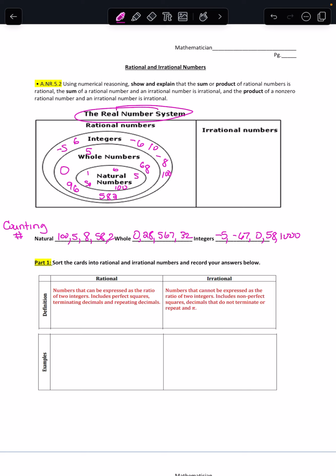And then our rational numbers are any number that can be expressed as a fraction. Remember, your whole numbers can be expressed as a fraction because they can be over one. So a whole number is a rational number, but also think about your fractions, and they can be negative fractions, as well as repeating or terminating decimals.